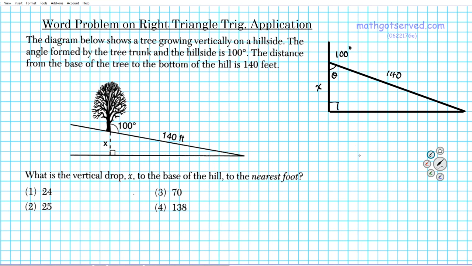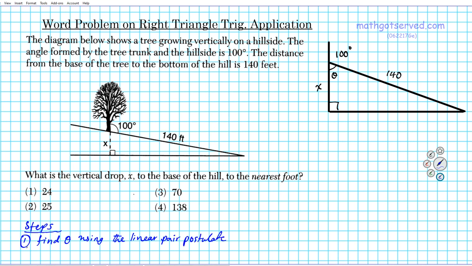Perfect. So let's go ahead and outline the steps that we are going to use to solve this problem. Our approach is as follows. Number one, we're going to find that theta measure, using the linear pair postulate.